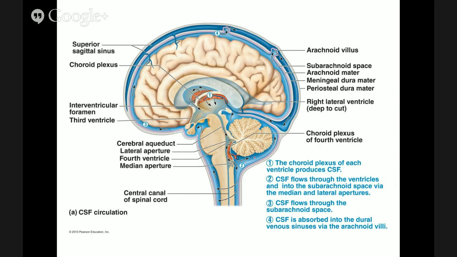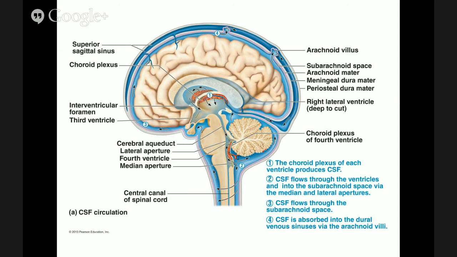So remember, we have three layers of protective meninges. We have the pia, which is right on the brain. We have the arachnoid mater, which is the next layer. And then we have the dura mater, the tough mother, the thickest layer that's on the outside. So in between your pia mater, which would be right here, and your arachnoid mater, which is this pink line, you've got a space.